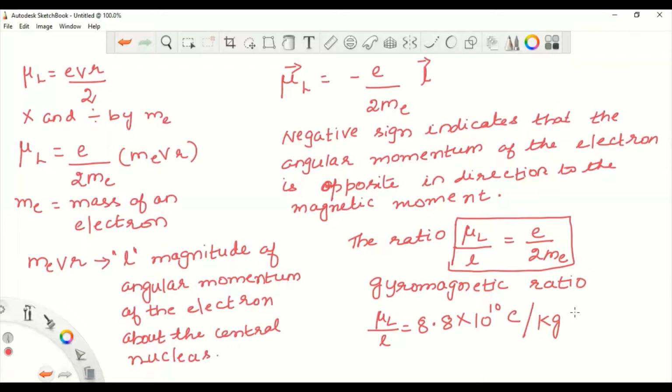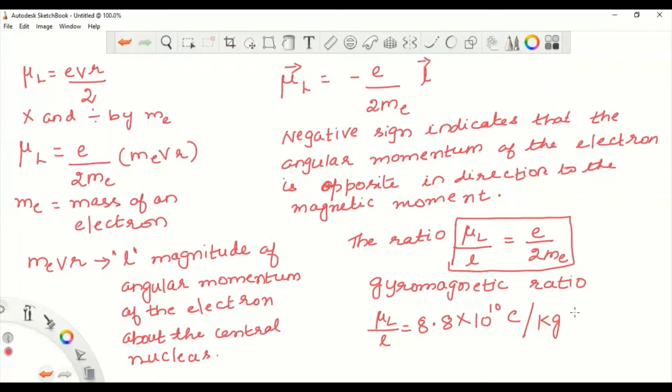Even at an atomic level there is a magnetic moment, so we can also explain the magnetic properties of materials. Bohr hypothesized that the angular momentum assumes a discrete set of values.